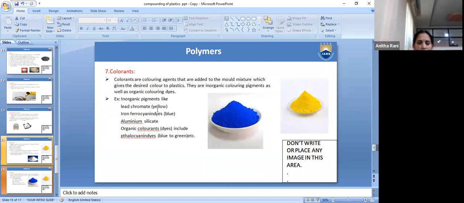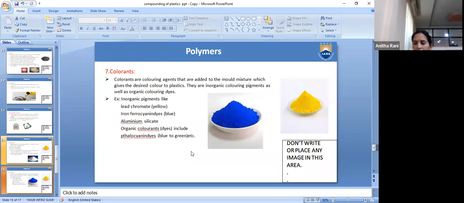Lead chromate, and iron ferrocyanide dyes, blue color, aluminum silicate, and organic colorants we will use, like I gave one example, phthalocyanine dyes, which give blue to green color.